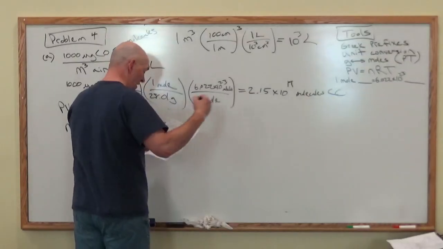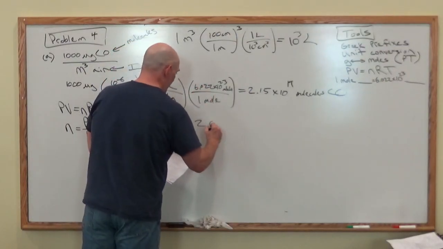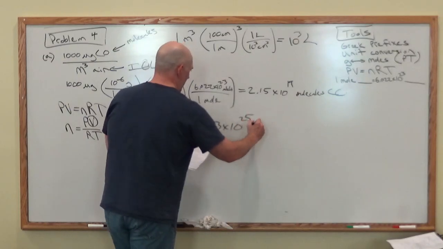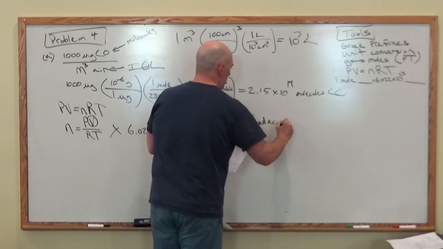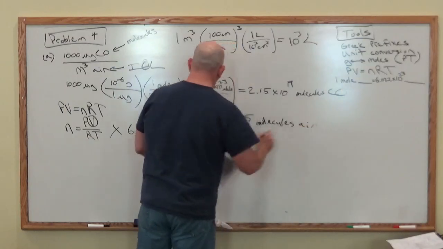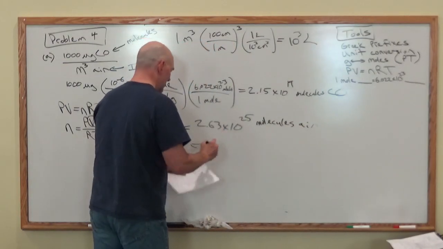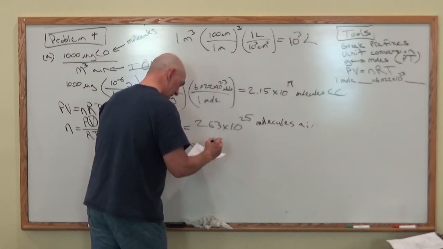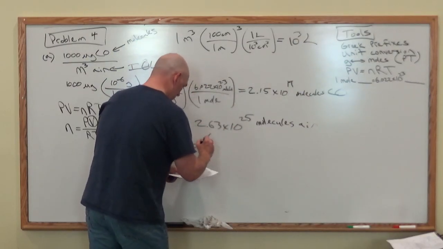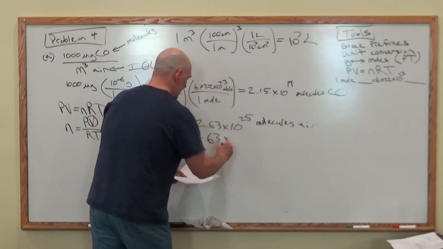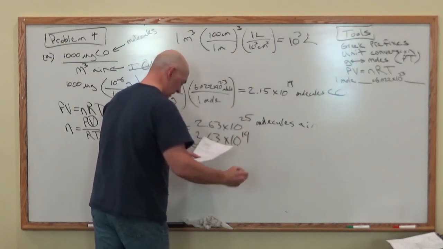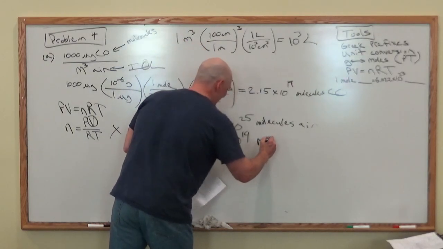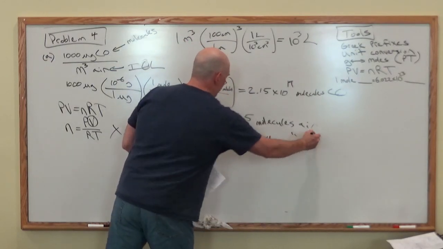My final answer after all that work is 2.63 times 10 to the 25th molecules of air, which when you divide that by 10 to the 6th, a million, you get 2.63 times 10 to the 19th million molecules of air.